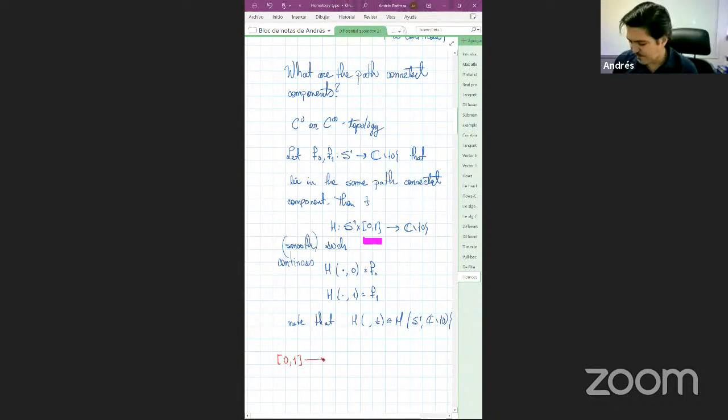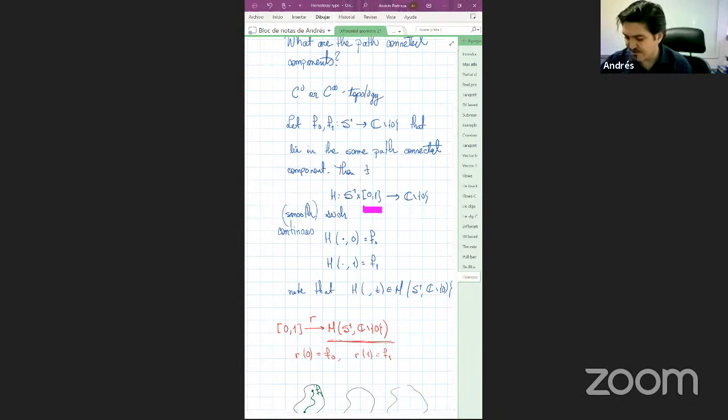Instead of thinking of a curve on this space, here we have the compact open topology or some topology on the set of functions. R has to be a continuous function. R0 is F0, R1 is F1. So instead of having that, we have the other function.